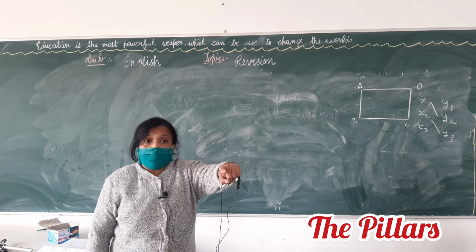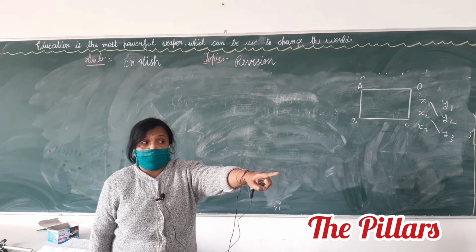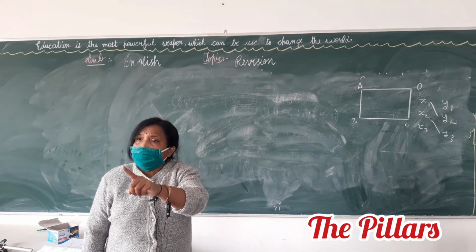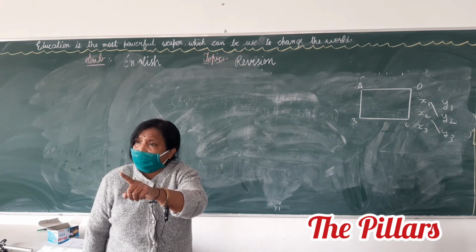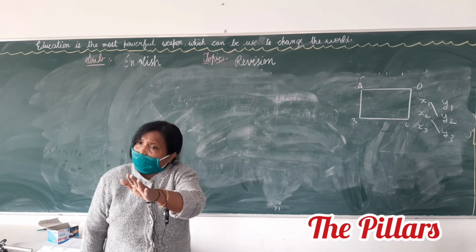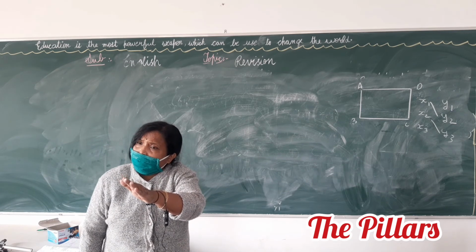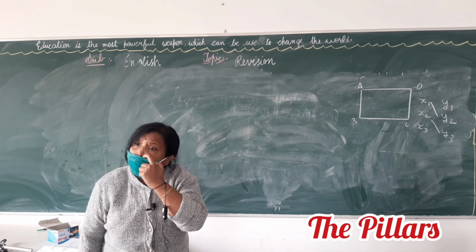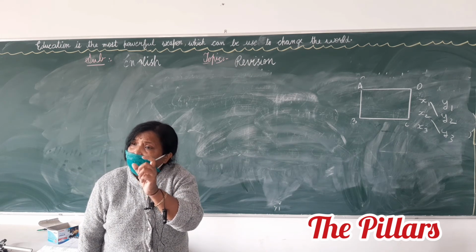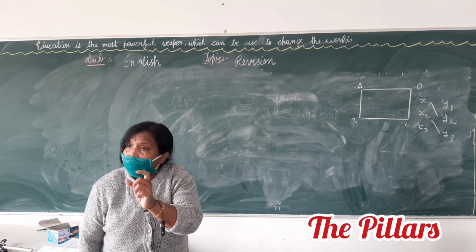I am very disappointed that only one has done it. That's very bad, very, very bad. What is the question? The question says they are collinear. 3 points are collinear. If these 3 points are collinear, then what will happen? Area of a triangle formed by these 3 points should be 0.